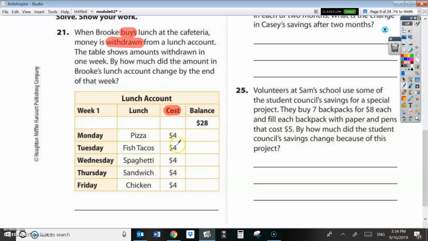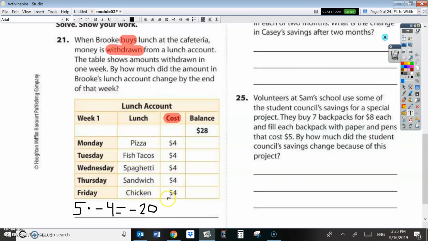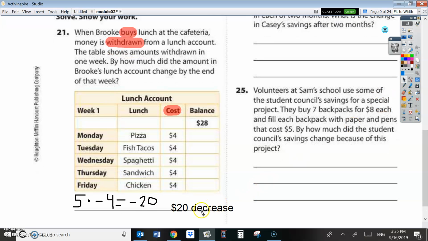So, we need 1, 2, 3, 4, 5. 5 times -4 equals -20. So she spent $20. She had a $20 decrease.